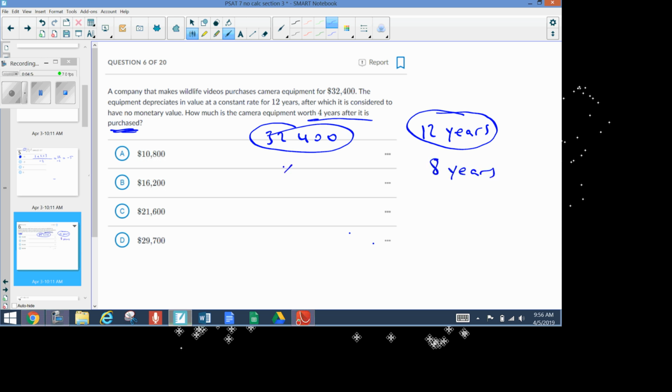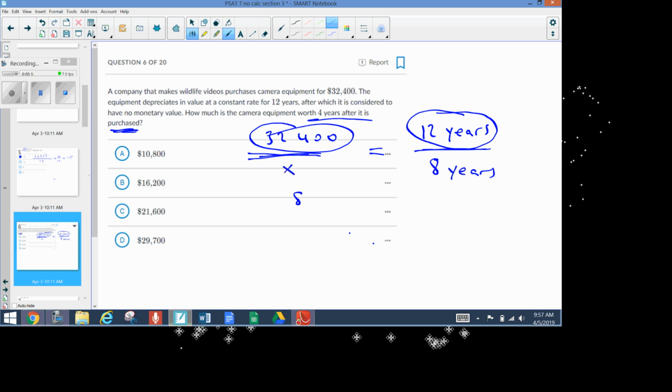We're going to find that because after 4 years, you're supposed to find that one. So once we make the equation, we're going to solve that. How? We're going to make a proportion.